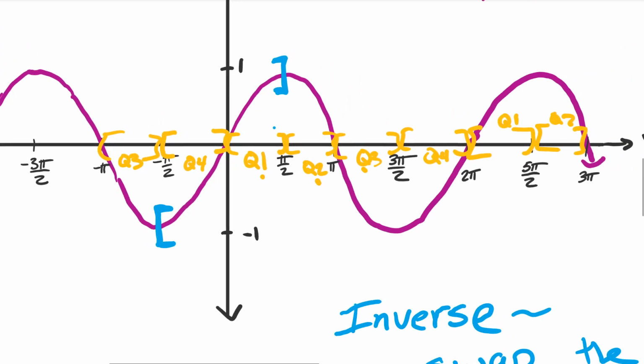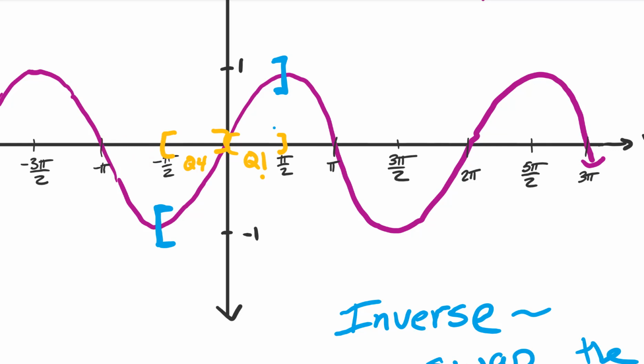But we don't really care about all this extra stuff at the end. All of this back here, that's not what we're talking about. We want just the stuff that's trapped between negative pi over 2 and pi over 2.